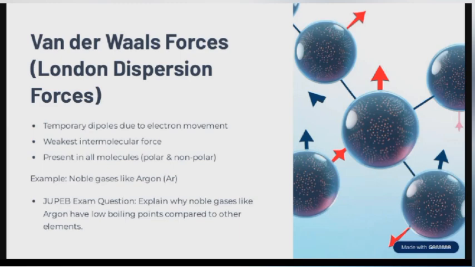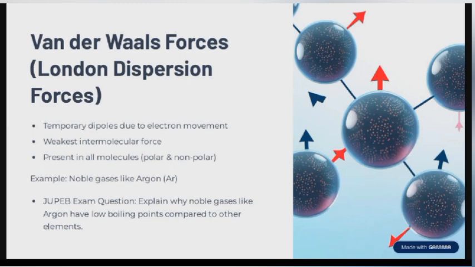The kind of attractive force that begins to get generated as a result of these fluctuations caused by the movement of electrons, as they move from left to right, left to right, is called the Van der Waals force of attraction or the London dispersion force.